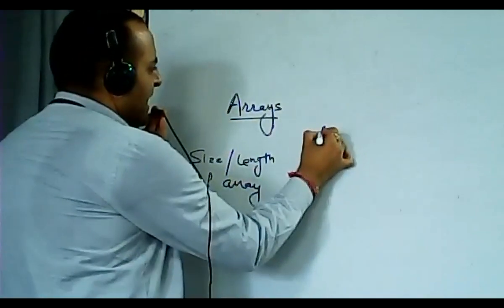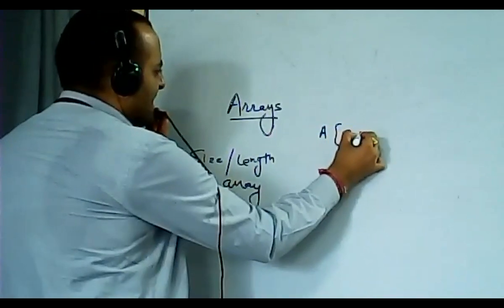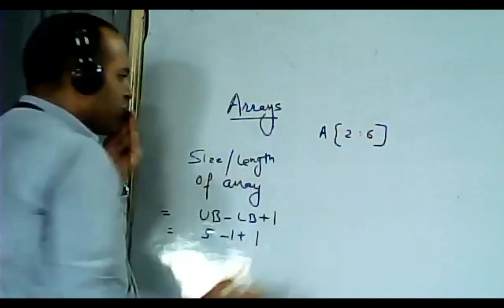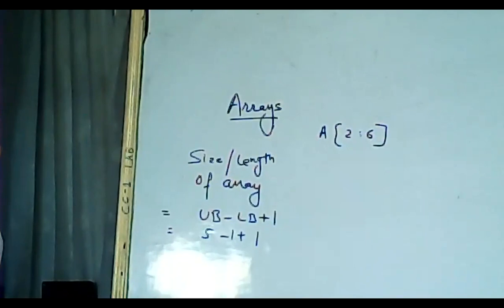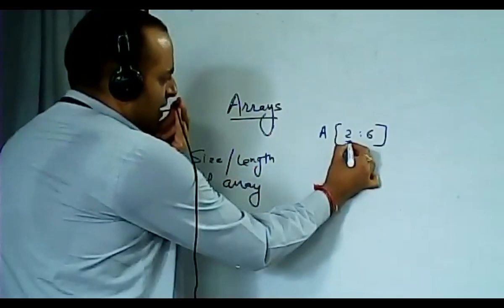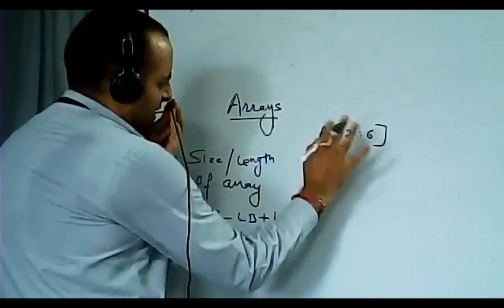Now let us see one thing. I have an array A, size is 2 colon 6. Is it a 1D, 2D or 3D array? It is a 1D array.